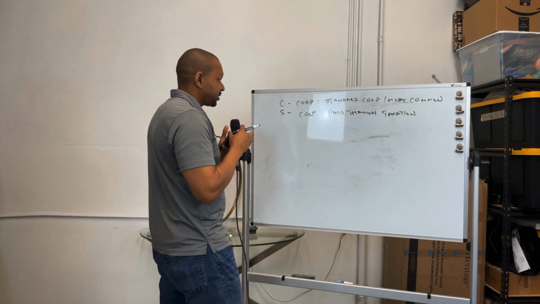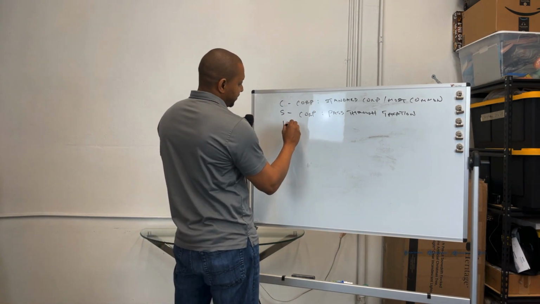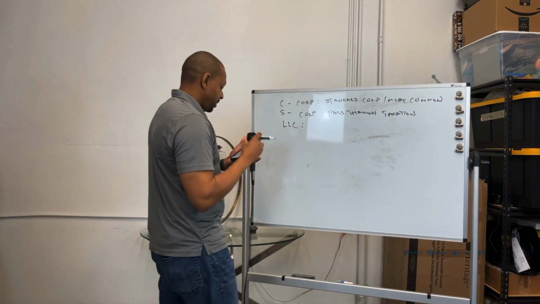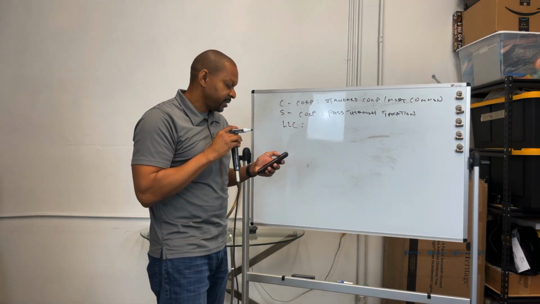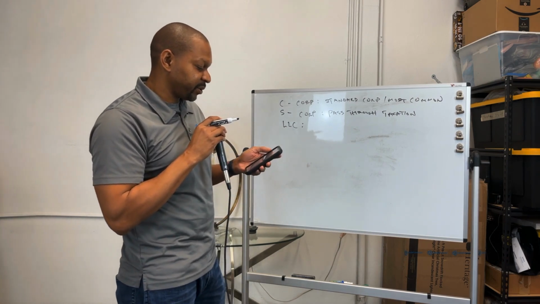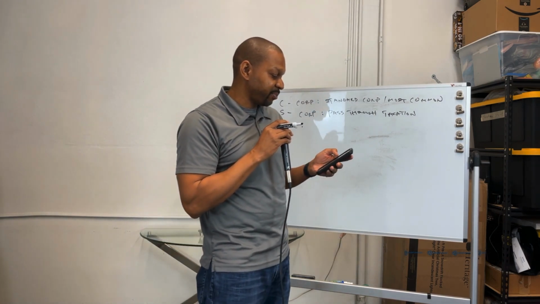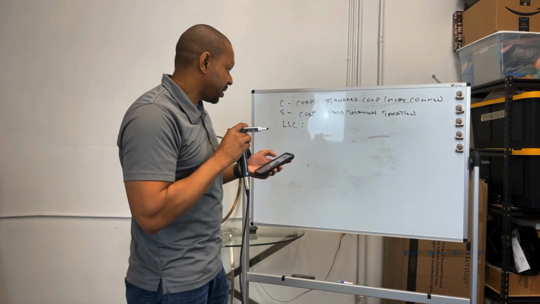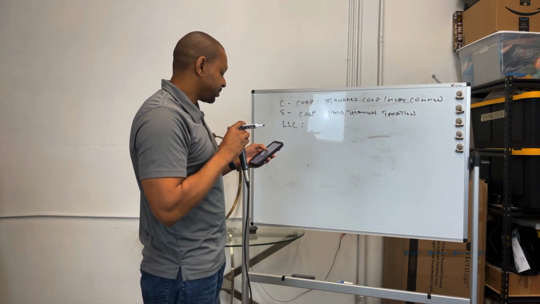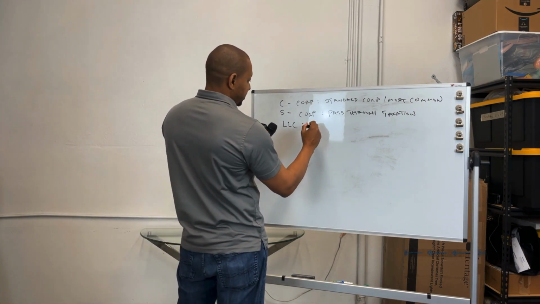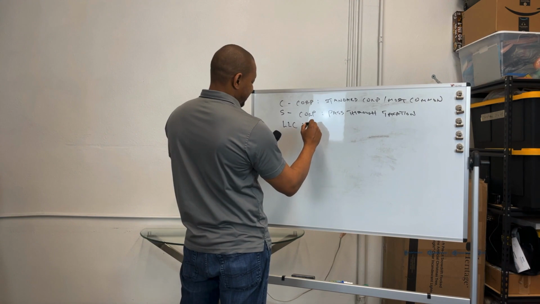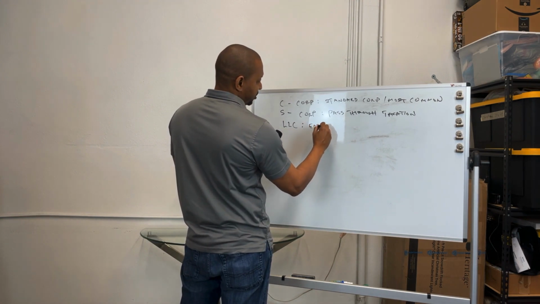And then the next is LLC. And the LLC can range from moderate to high. It's similar to S corps, but with greater flexibility in management and profit distribution among members. So that's the LLC. The LLC is just easier to manage.